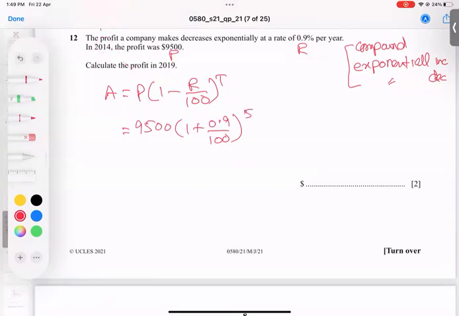So I'm going to type in the calculator 9500, 1 plus 0.9 divided by 100, and power is 5. The answer becomes... this is 14, 15, 16, 17, 18, 19. Yes, correct. And let me recheck. Yeah, I must put a minus sign here because it is a decrease.